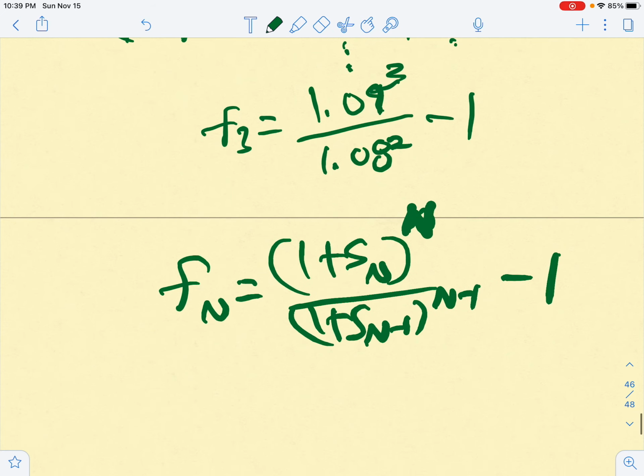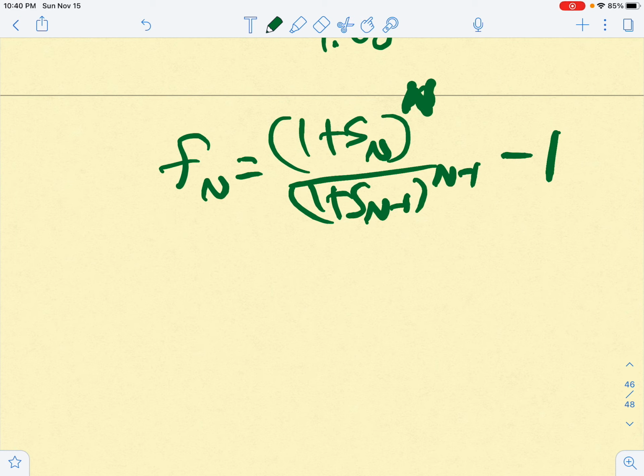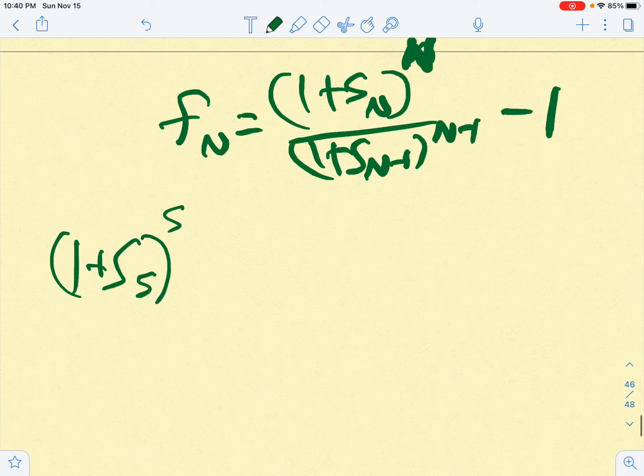One thing that's very interesting is you should know that someone who at date 0 locks in the 5 period spot rate, for every dollar they invest, will have 1 plus that 5 period spot rate to the 5th power. In the current case, they'd have 1.11 to the 5th power at day 5.